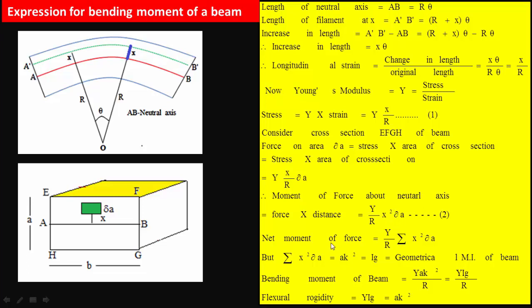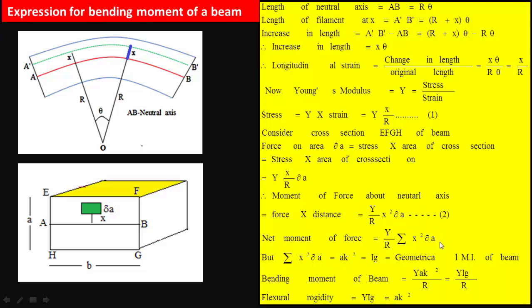Now we will find what is the net moment of force acting on the layer A dash B dash, which is situated at the distance x. So that is nothing but y upon r summation x square dA. Now let us look at the term x square dA.